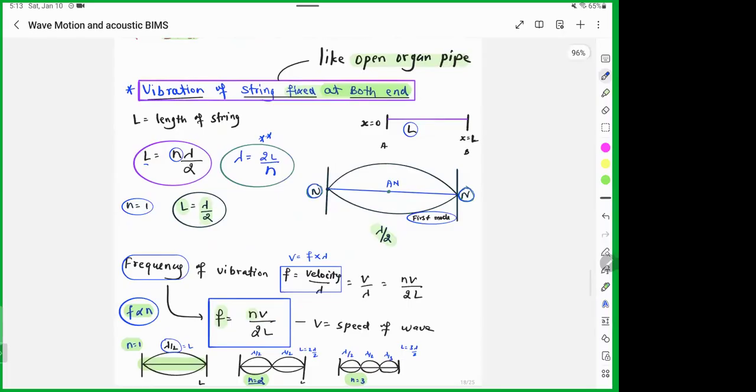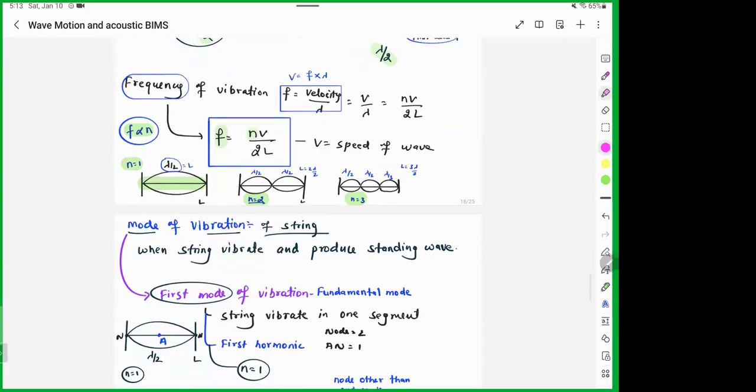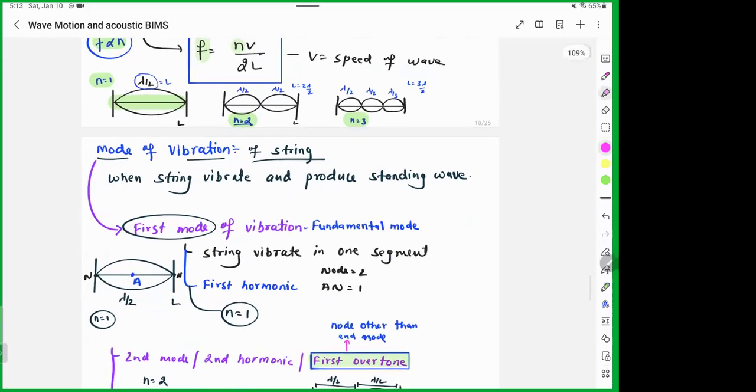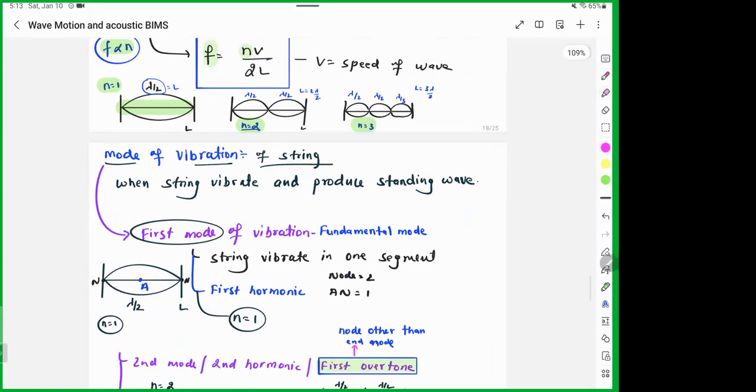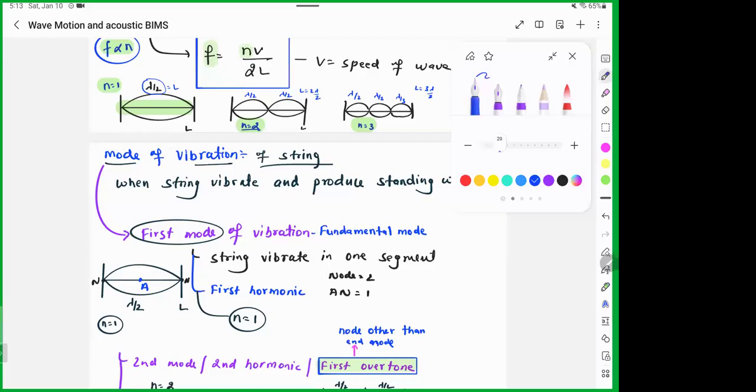And everything we are studying, the string fixed at two ends, is exactly the same as an open organ pipe. In an open organ pipe, it is exactly the same as fixed at two ends in all the formulas, everything. Mode of vibration: whenever a string moves, it will produce some kind of wave.